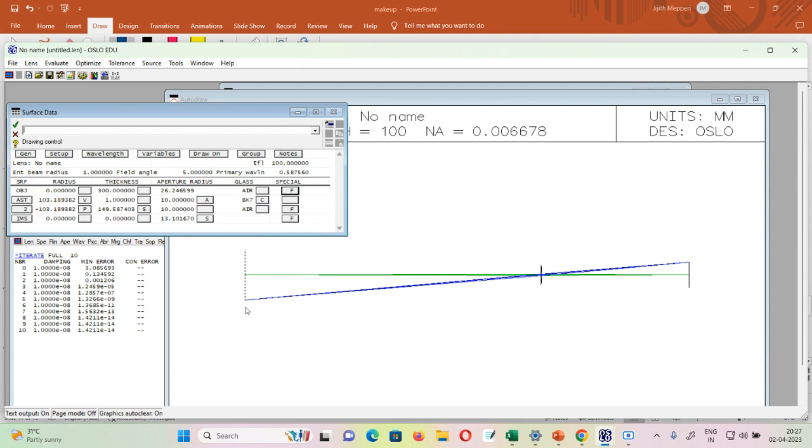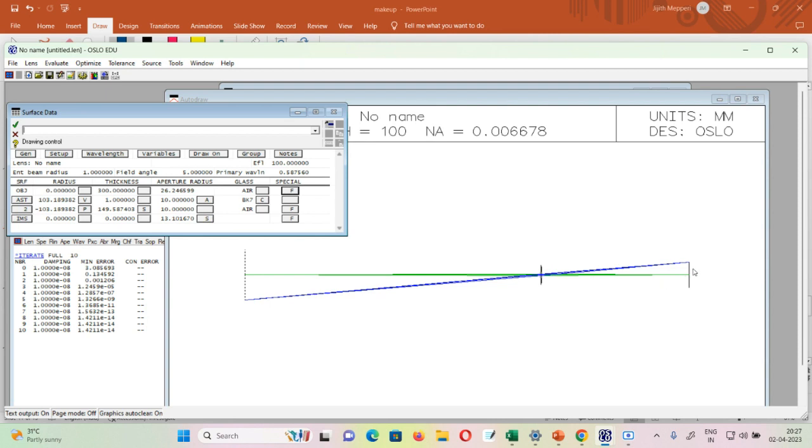This is the radius, taken from here, and the size is around 26.24, and that size is actually diminished to 13.10670. So we can see that when the object is beyond 2f, the size of the image is diminished.